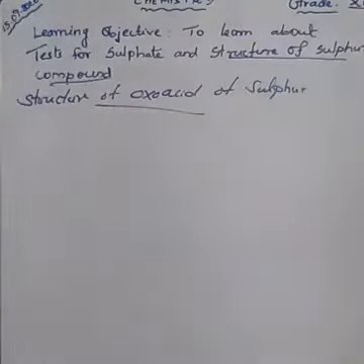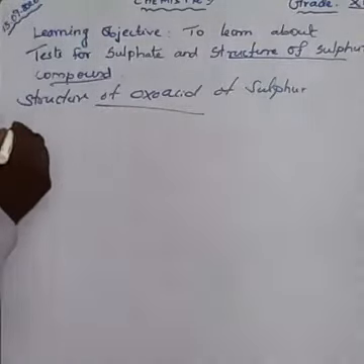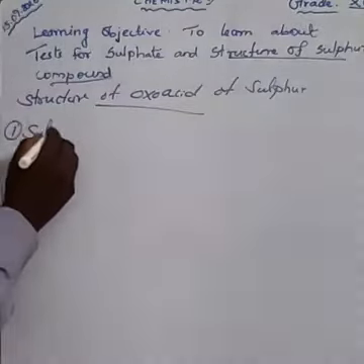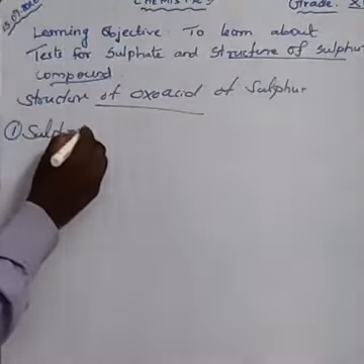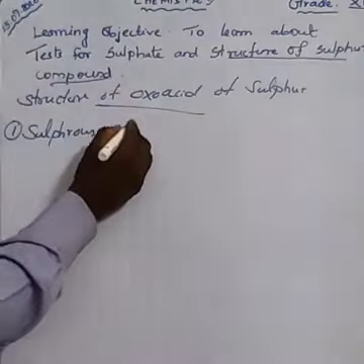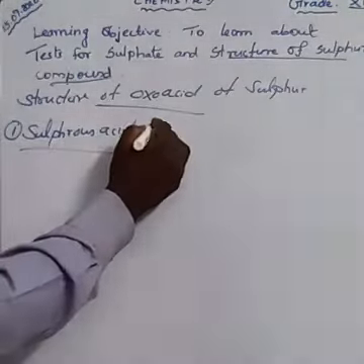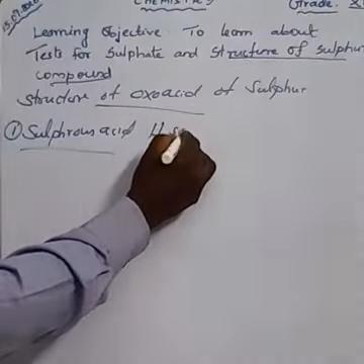Okay. The first one is sulfurous acid. The structure of sulfurous acid. The molecular formula for sulfurous acid is H2SO3.